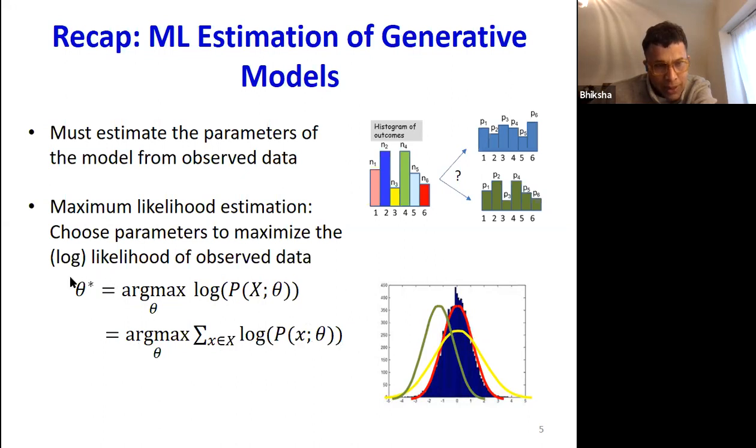And the resulting parameters are your best estimate for the parameters of the model. So here, for example, you would choose this distribution as the one that best explained these data. Here you choose the red Gaussian as the one that best explained the histogram you've seen there.